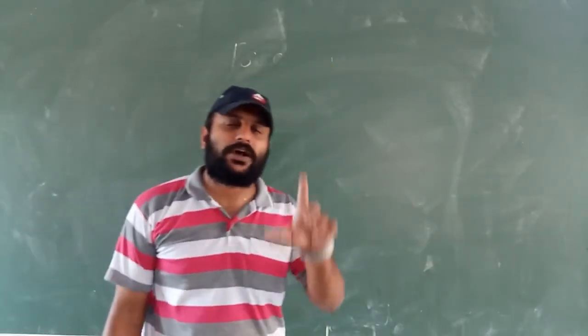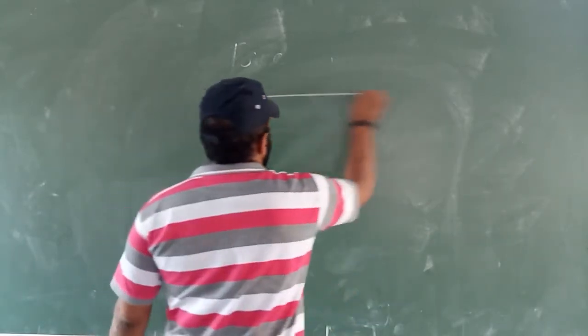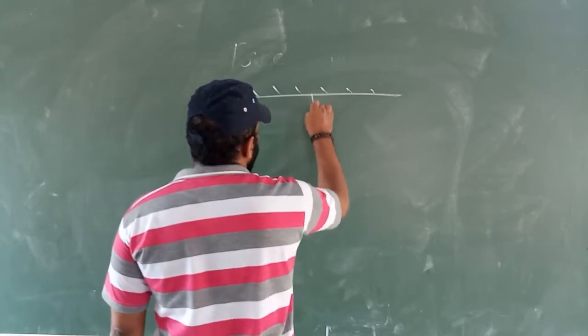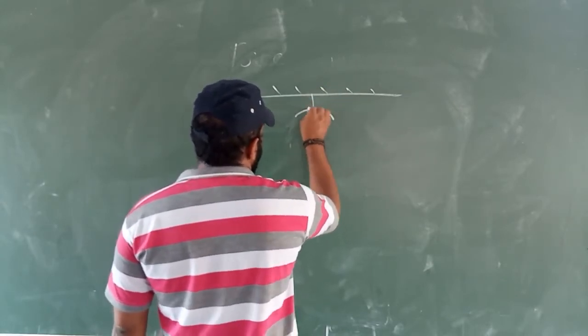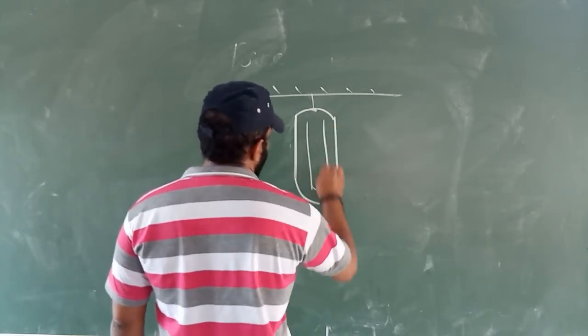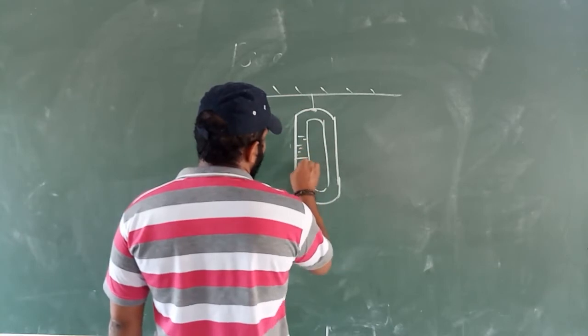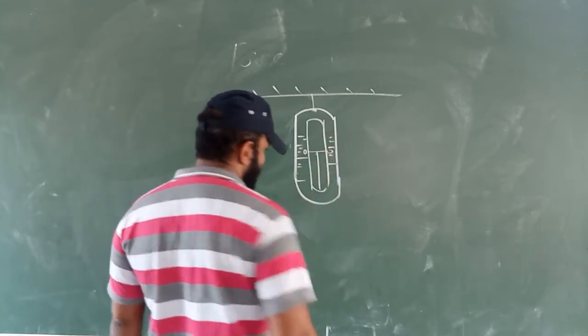What you will do, you will take one spring balance. You will attach that spring balance to a ceiling. Think that this is our ceiling. There will be readings on the spring balance, and there will be a pointer which shows the zero reading.